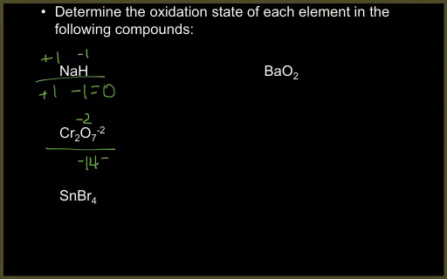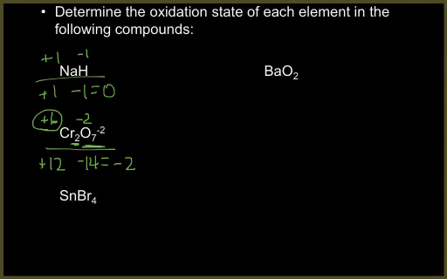And I know that overall it has to equal a -2 because this is another charged compound instead of a neutral compound like the last example we did. So that means that chromium has to contribute a charge of +12. Since there are 2 of them here, the individual oxidation state on the chromium is a +6.